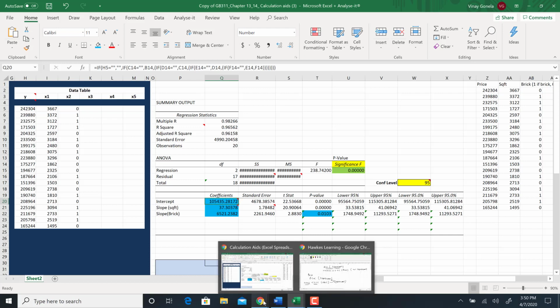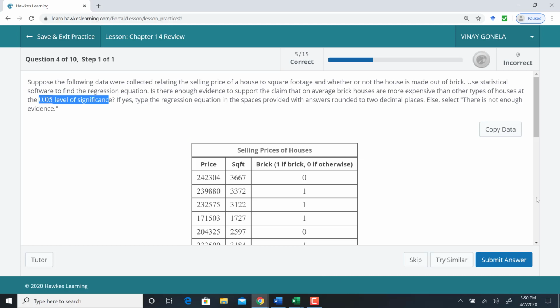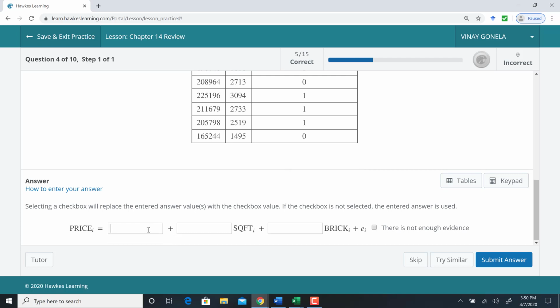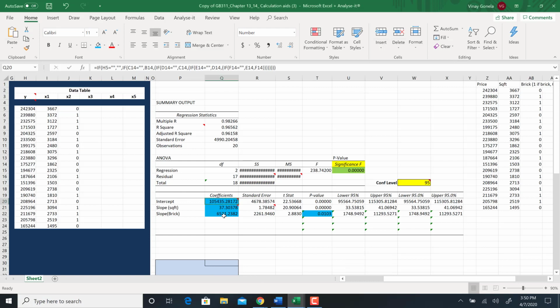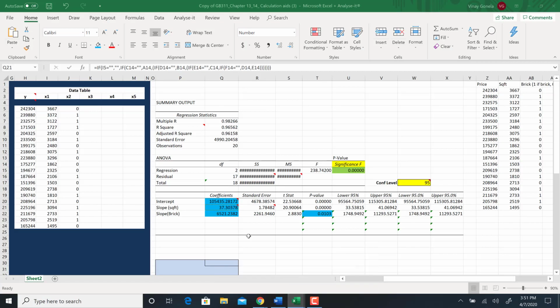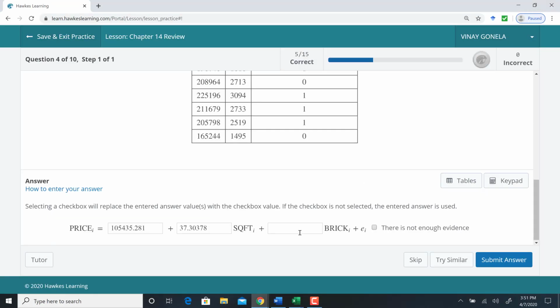So I will type in this here, and then the square feet I will type here, and then the brick. So that is this value. So I'll submit this.